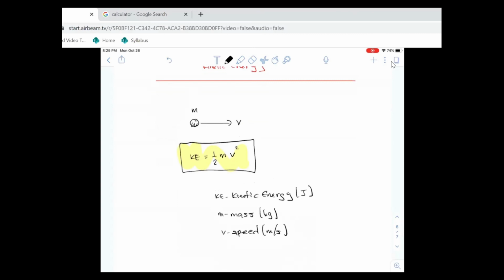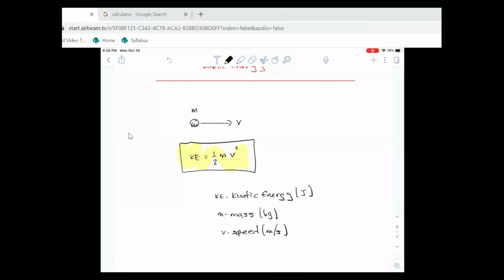Kinetic energy is going to be related to speed. When I drop the ball, what happens?